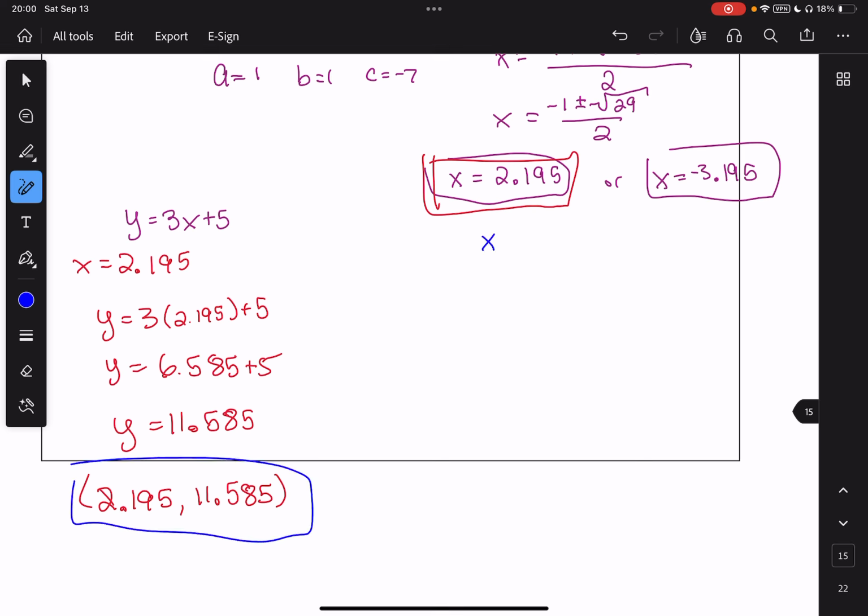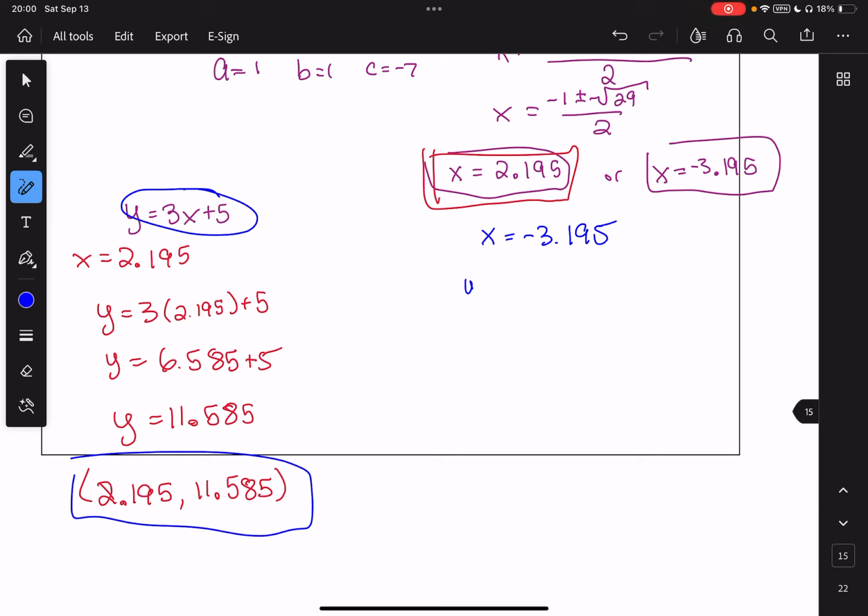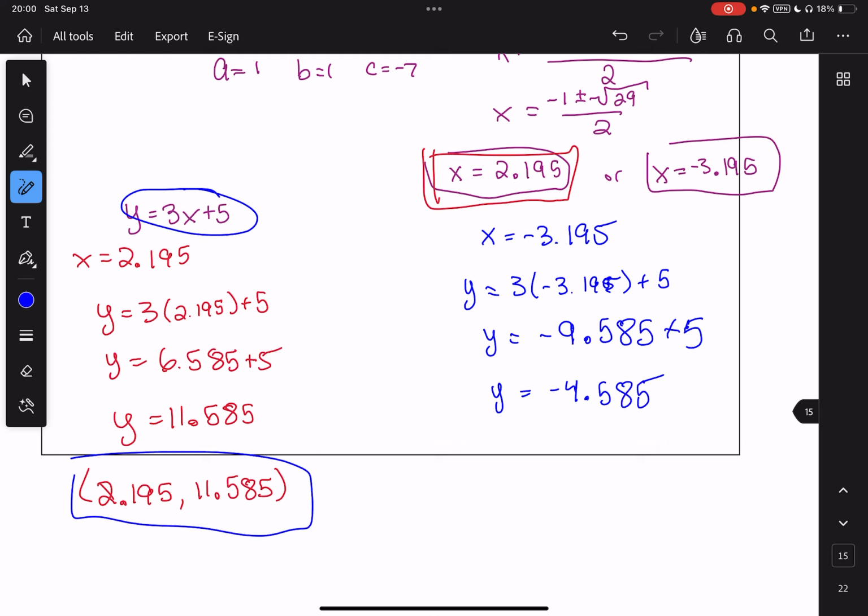Our second coordinate we're going to do with x is equal to negative 3.195. Remember our equation: y equals 3x plus 5. So y is equal to 3 times our x, which we said was negative 3.195, plus 5. y is equal to negative 9.585 plus 5, or y is equal to negative 4.585.